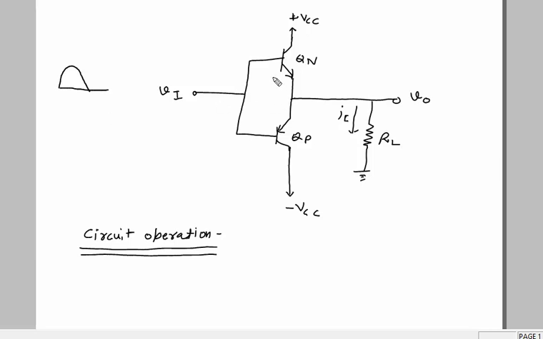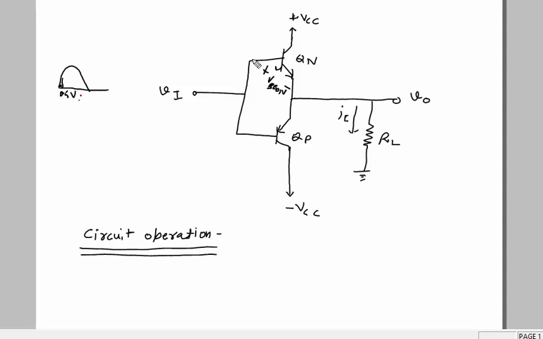Why? Because this transistor is on only when we maintain some voltage here, not at 0. Some drop has to be present here, so let's say it is 0.5 volt.